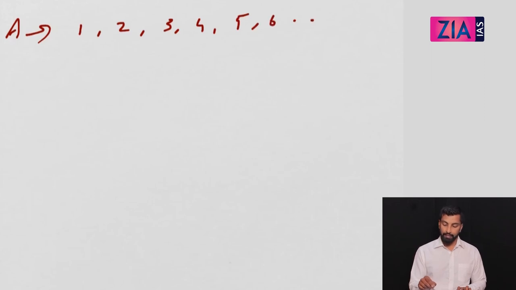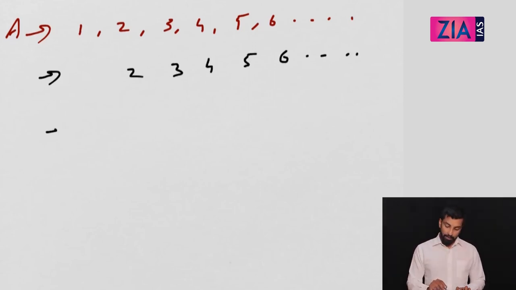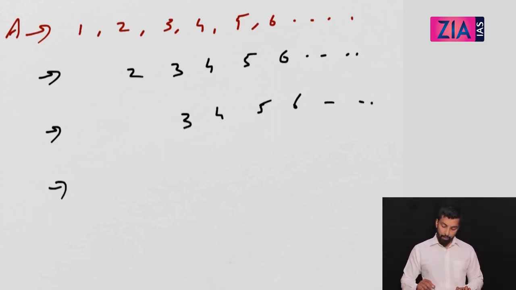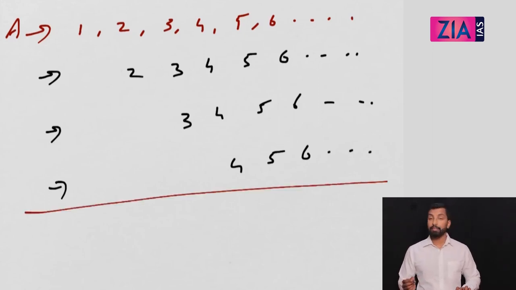One person A came and wrote numbers like 1 2 3 4 5 6 etc. Another person came and wrote these numbers 2 3 4 5 6 etc. Another came and wrote 3 4 5 6 etc. Another came and wrote 4 5 6 etc. So what is the total sum of numbers involved on the board?